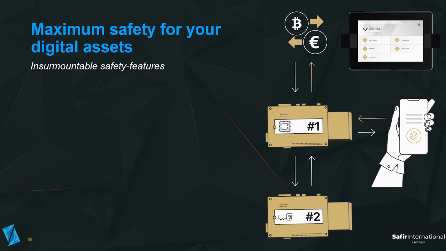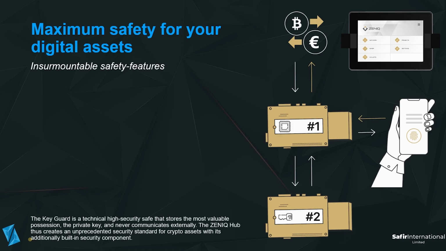Chip number 1 is connected to the internet, and every basic transaction, every button you can press is being processed by chip number 1. And chip number 2 is your key guard. Your key guard stores and generates your private key in offline mode. Your private key is your private access key to all funds that are on the device.